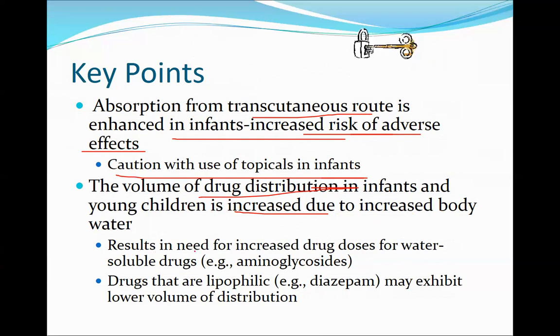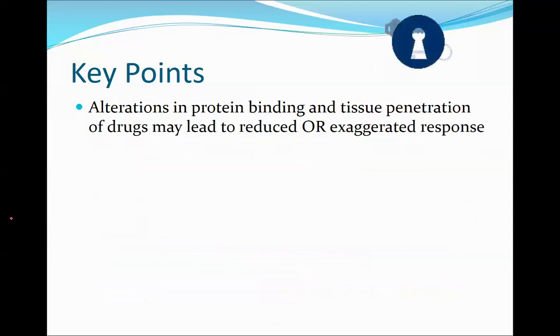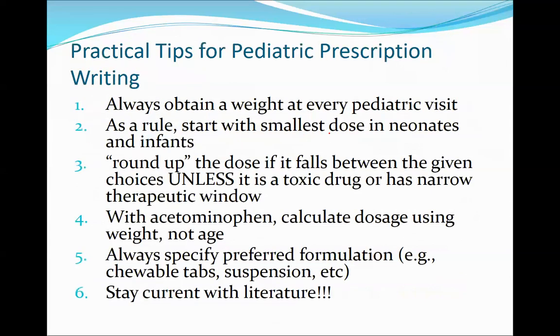So you need to increase doses for water-soluble drugs such as aminoglycosides, while lipophilic drugs, for example diazepam, can exhibit a lower volume of distribution, which you need to keep in mind. There is also an alteration in protein binding and tissue penetration of the drug, which may lead to a reduced or exaggerated response. These are important pharmacokinetic parameters that you need to assess.